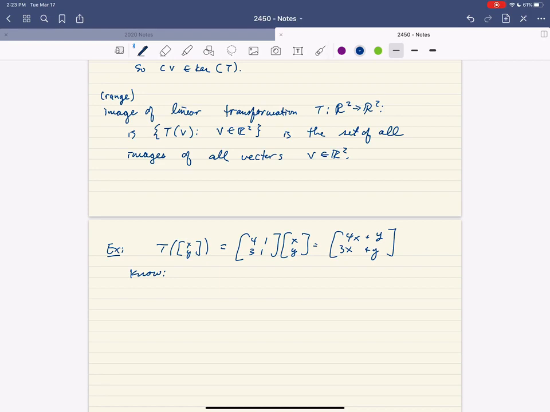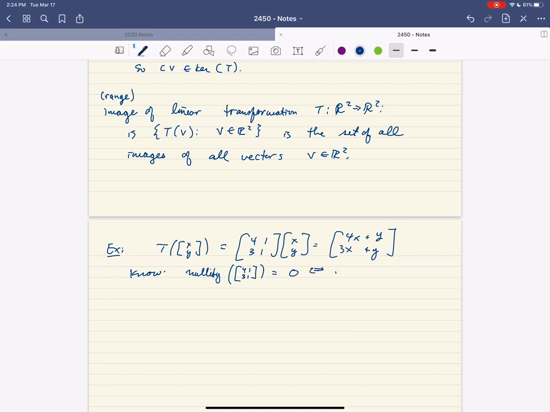We know the following. I want you to think about the following equivalencies. We're pretty soon going to add more to that equivalency theorem. We know that it's enough to study the matrix 4, 1, 3, 1. And the nullity of this matrix, the dimension of the null space, is 0.